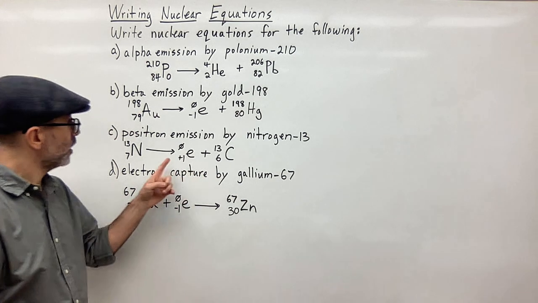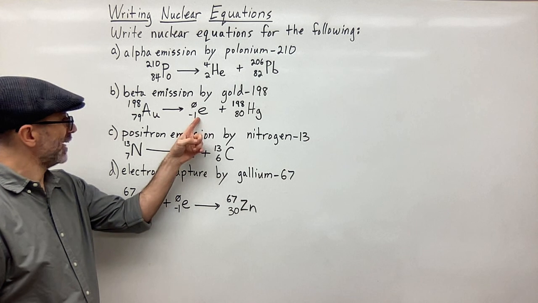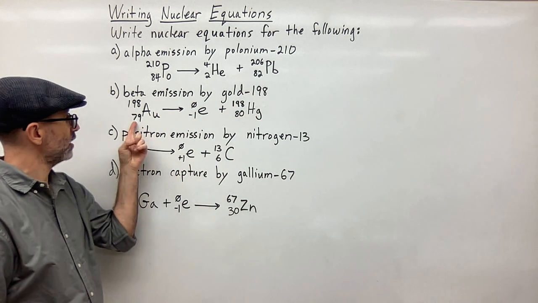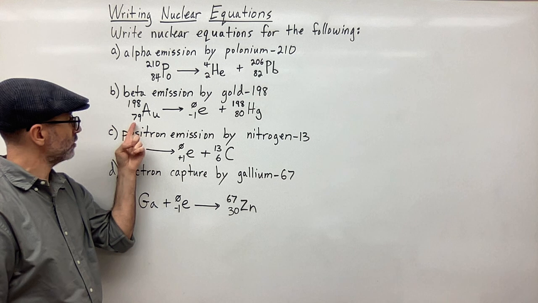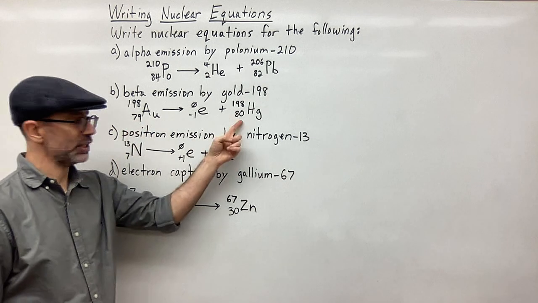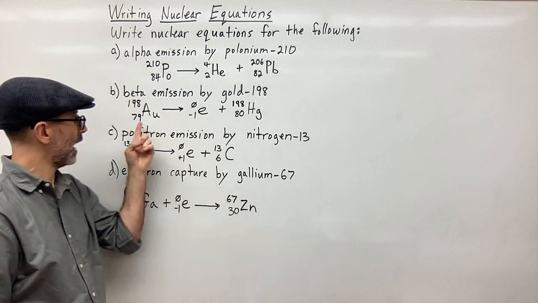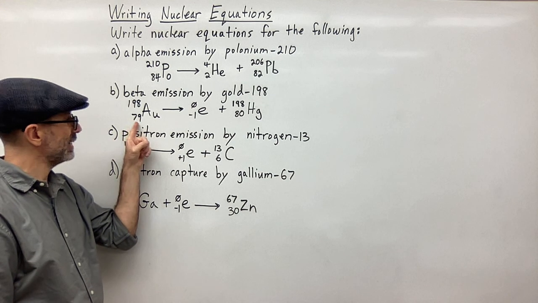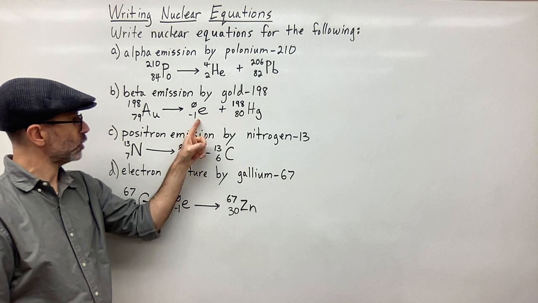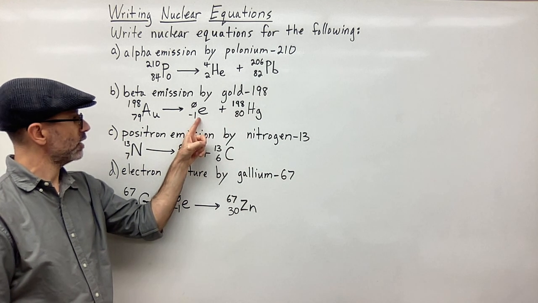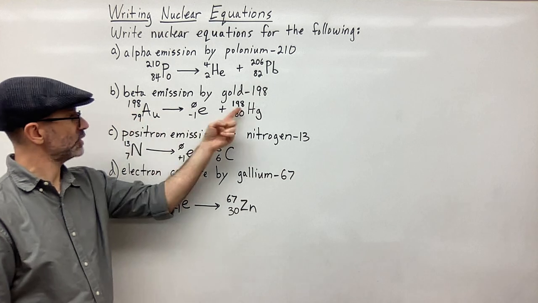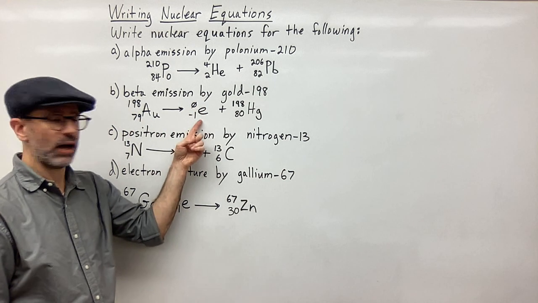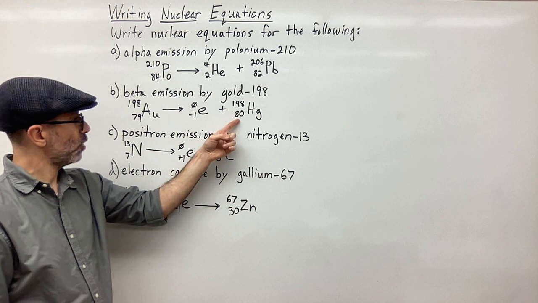Okay, what else? So here you lose an electron, right? You emit an electron, and you see that the atomic number increased by 1. So we're going in the opposite direction. So here you gain a proton by losing an electron. But the mass number stayed the same. So where did this electron come from? Well, how did we gain the proton?